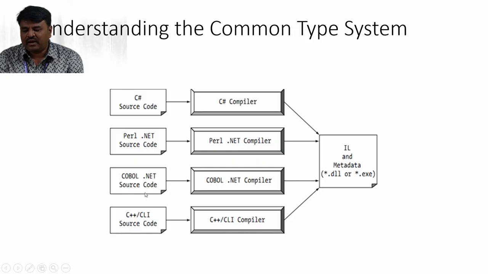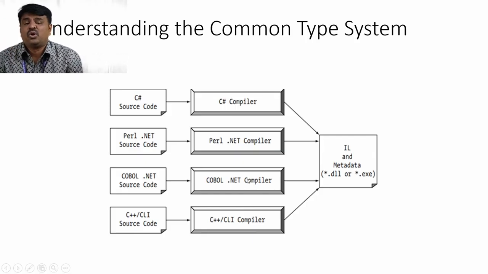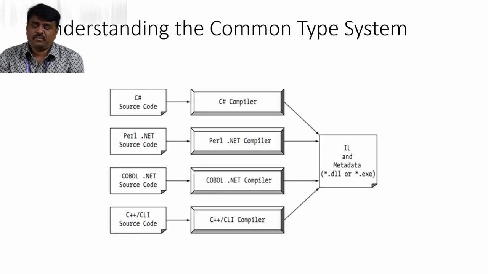It will compile and produce an intermediate language. The main usage of intermediate language is that any system can easily understand it. So Visual Studio understands it, compiles it and produces local machine language, so any operating system can run it. That is the main use of the CTS, the common type system.